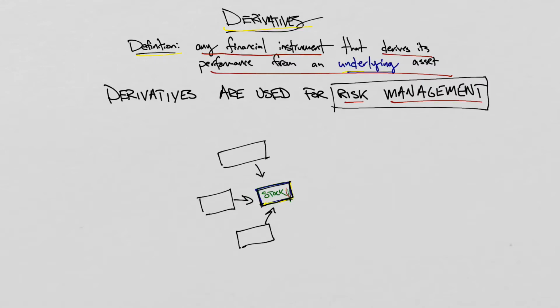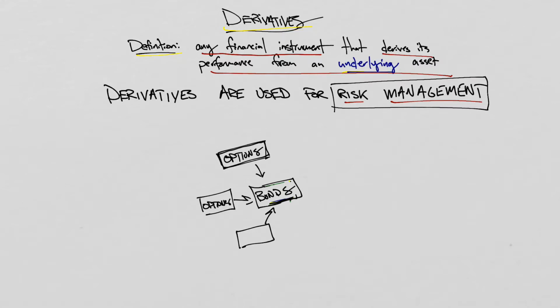In this case, it's a stock, and we're using options to do that. But there are a number of different types of derivatives that we'll uncover in detail besides options, and there are a number of different securities besides stocks which have derivatives that can be bought and sold on them.